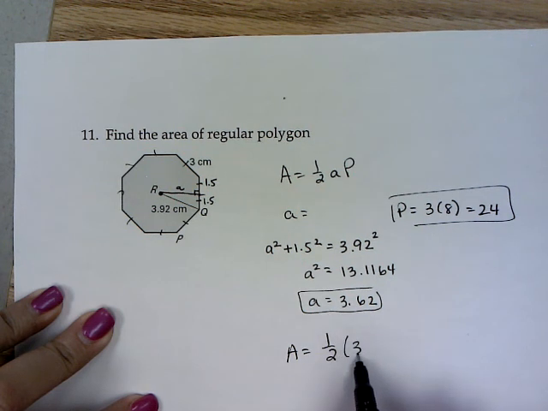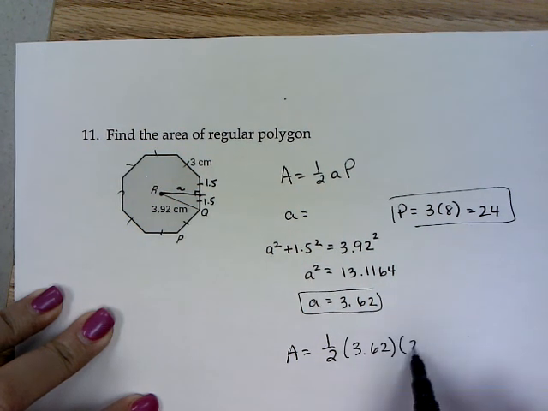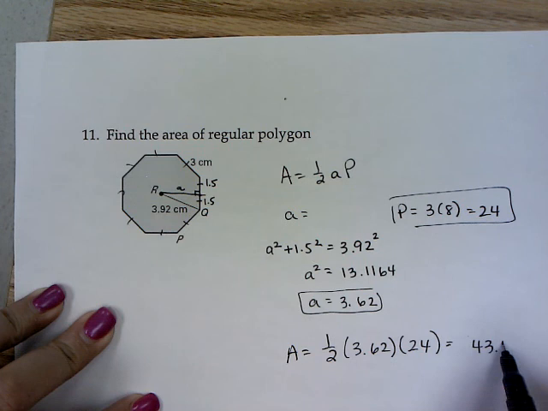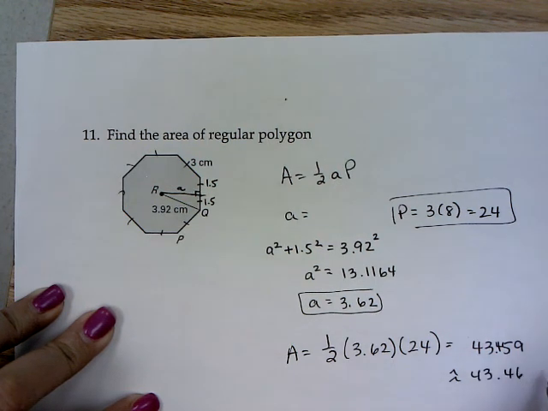Make sure you have the right formula. I keep saying I look on my formula sheet because that's what I'm supposed to do. And again, because it's area, it is square units.